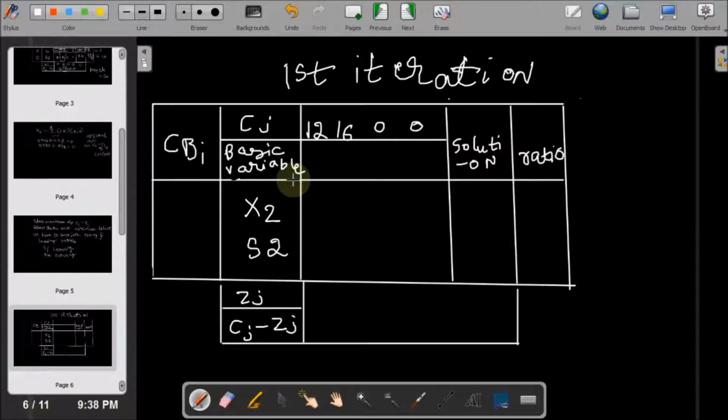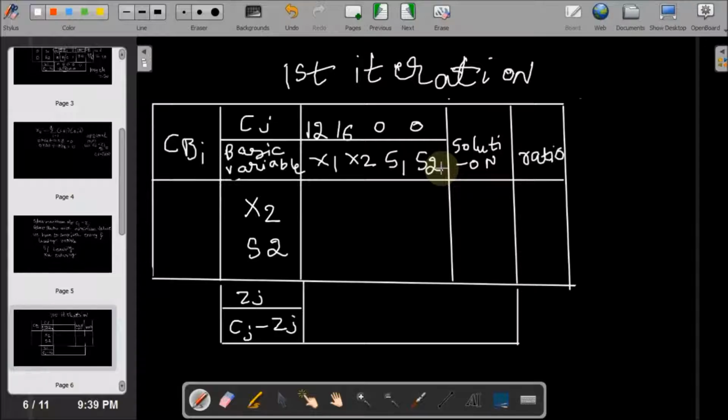Here the values should remain the same. Only in this column the value should change: S1, S2.